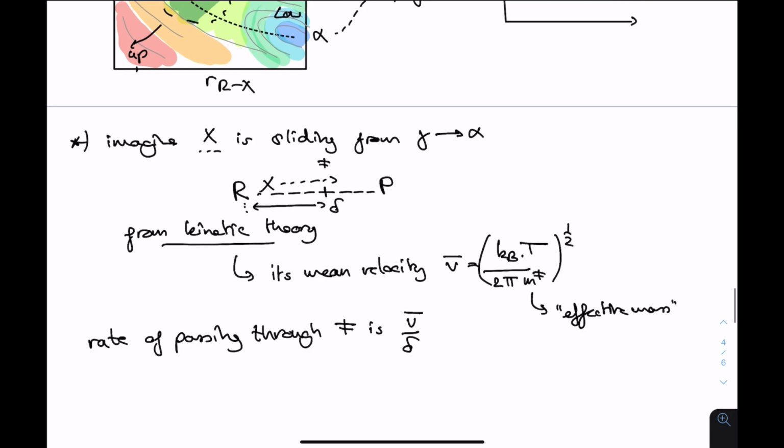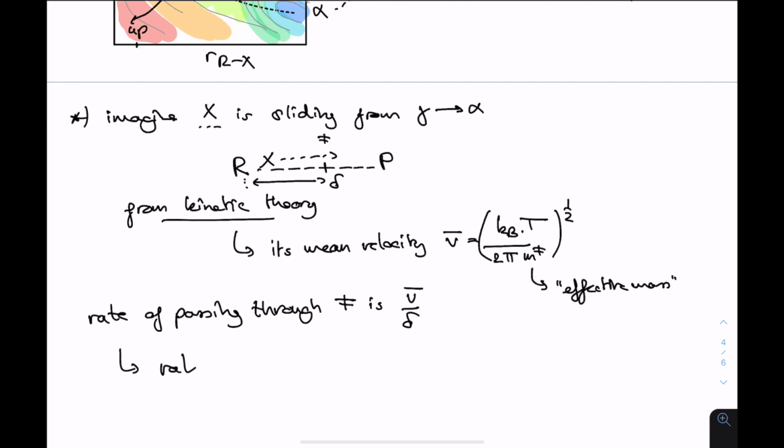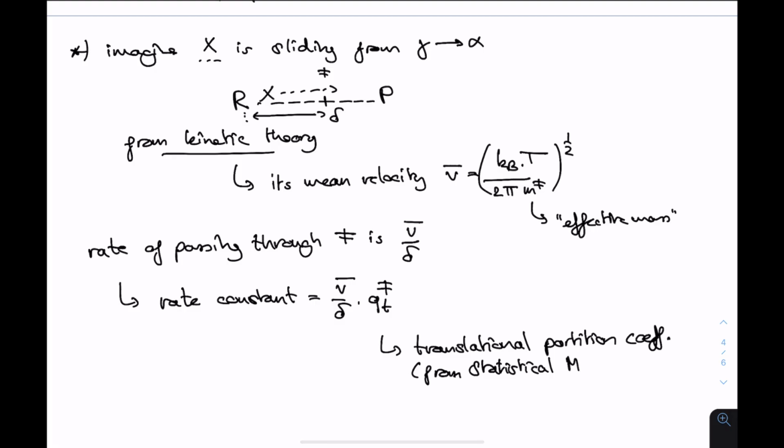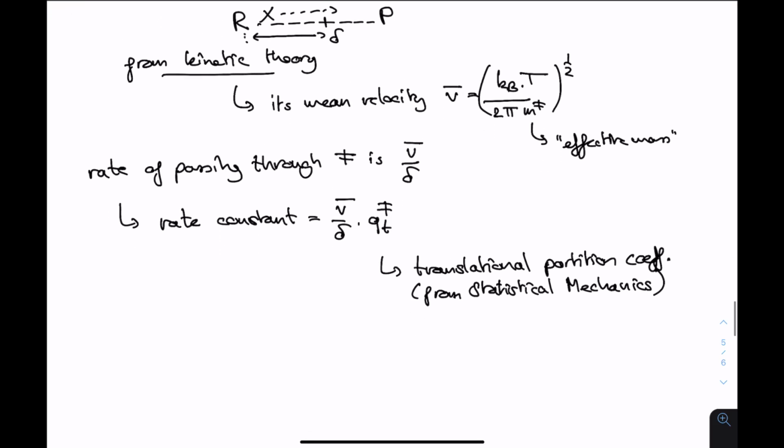So we can define a rate constant V over delta times Q_T, the transition state, and this is what's called the translational partition coefficient, which comes from statistical mechanics. Okay, so we'll get back later to that one.